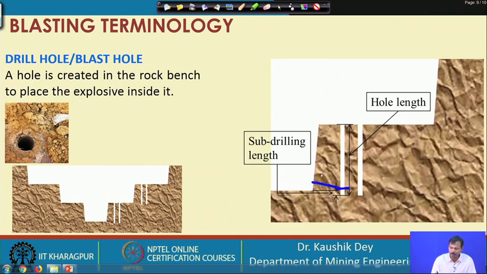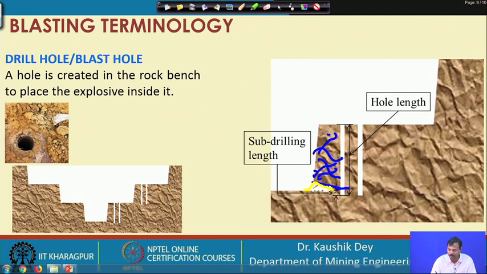Instead of this, if we carry out drilling only up to this, our fragmentation will become like this, and a portion of rock will remain at this position, which will form a ridge.